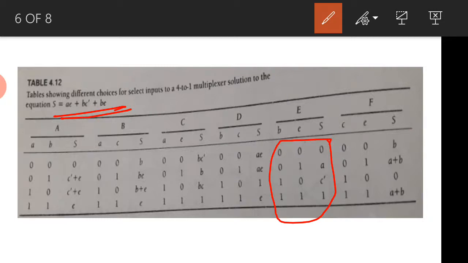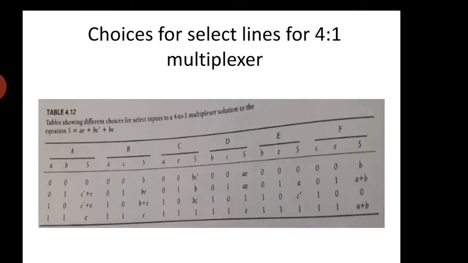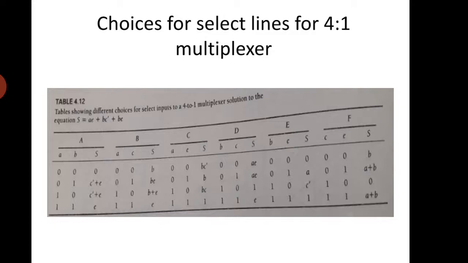So by using the MEV technique, we can reduce the select lines, and the variables can be taken as inputs. These are the different combinations we are seeing with the Boolean function.